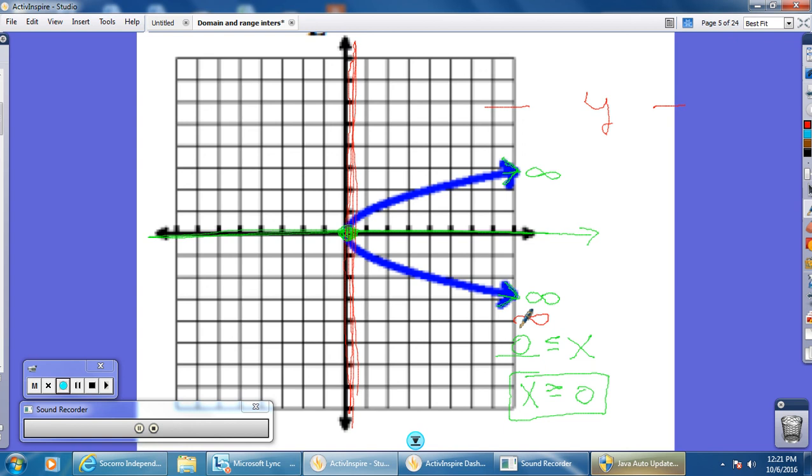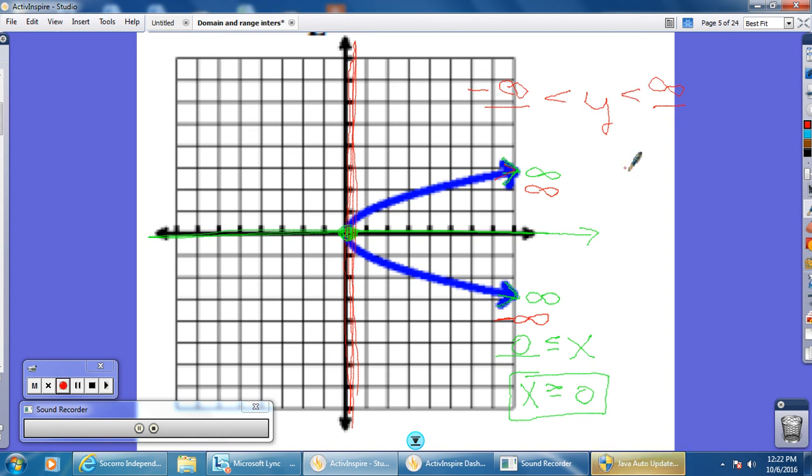An arrow means infinity, and since we're at the bottom of the y-axis, it's negative infinity. We're going to keep going up, up, up. Uh-oh, we hit an arrow. That's going to be positive infinity because we're at the top of the y-axis. So I have negative infinity to positive infinity. We don't include infinity because we can't.